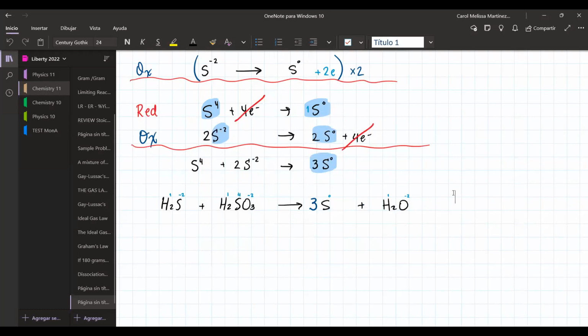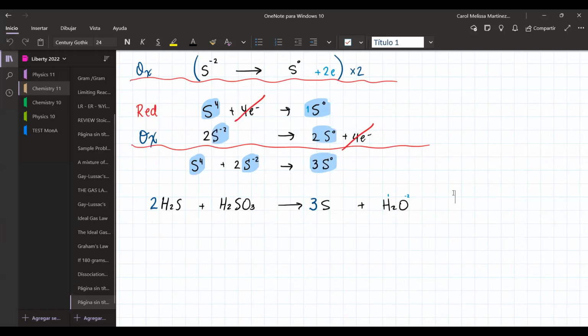The sulfur with a -2 has a coefficient of 2, so in this sulfur with a -2, I will put a coefficient of 2. This one, that is sulfur 4, doesn't have a coefficient, so I'm not going to write any coefficient. What I do after is I now forget about the charges because I don't need them anymore.